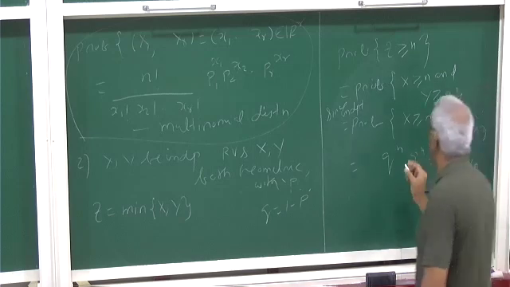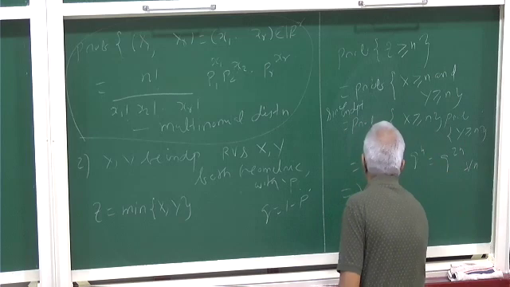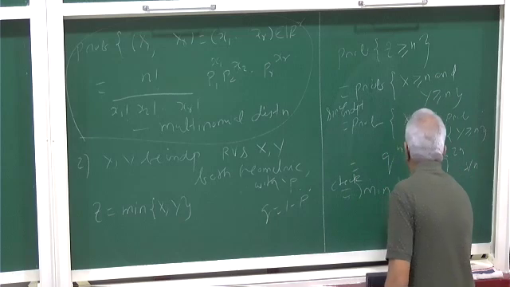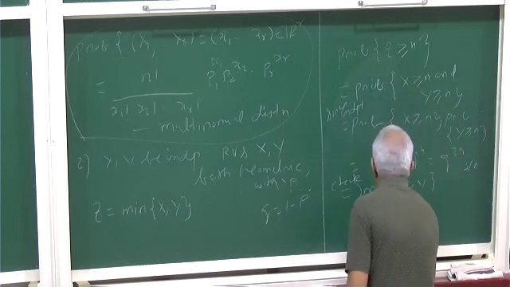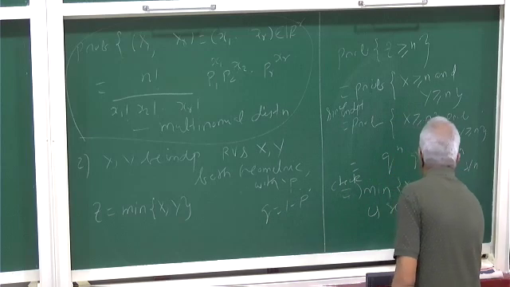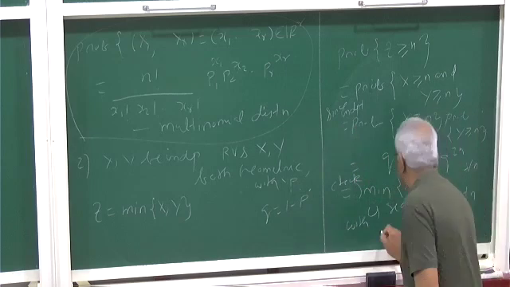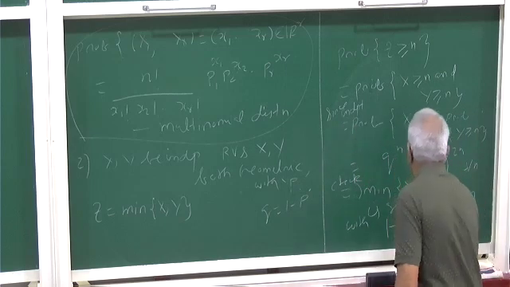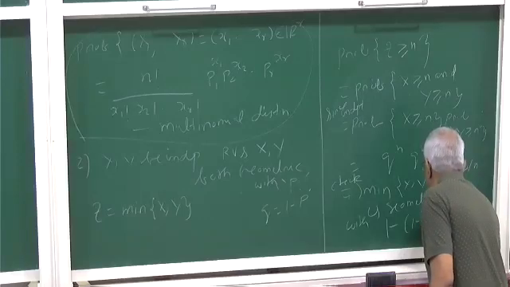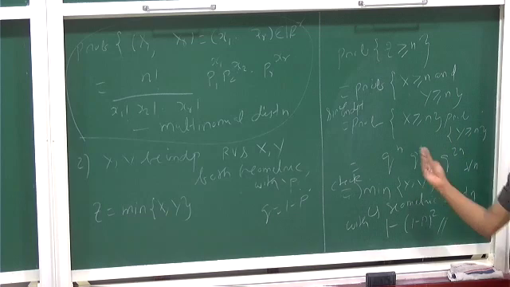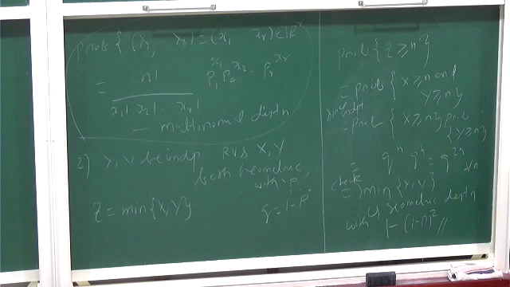You convince yourself by doing this: check that the minimum of X, Y is again a geometric distribution, with parameter 1 minus q square, which is 1 minus (1 minus p) square. This is how you can calculate the mass function of the minimum of two distributions.